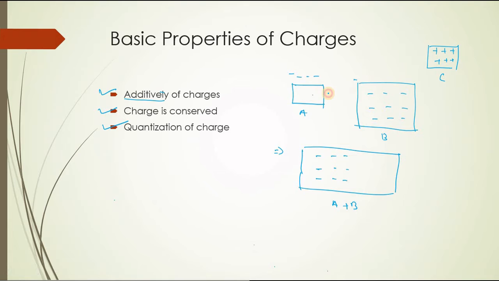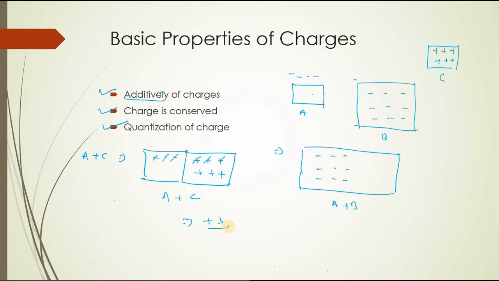Now when you add A plus C, if you make them a system and bring them close to each other, what will happen? You have 3 electrons and 6 protons. So 1 positive, 1 negative, 1 positive, 1 negative. So 3 negative and 3 positive will cancel each other, leaving 3 positive charges. So that is called the additivity of charges.